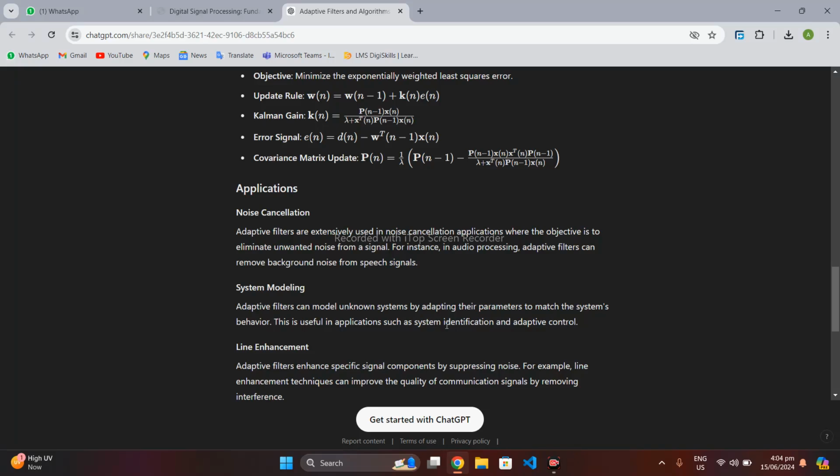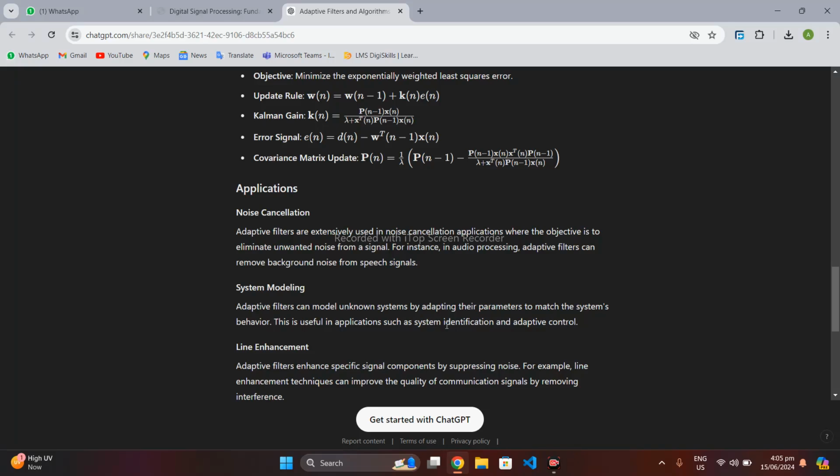The second one is system modeling. Adaptive filters can model unknown systems by adapting their parameters to match the system's behavior. This is useful in applications such as system identification and adaptive control.